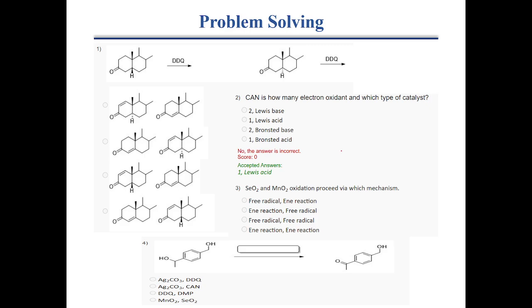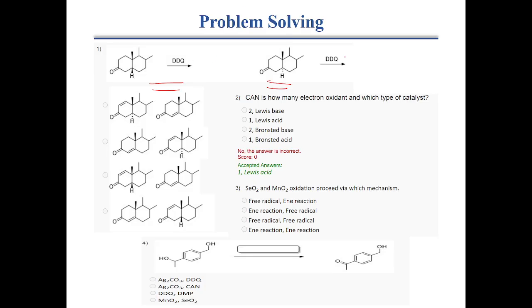Now let's solve some problems. The first question is the DDQ oxidation of these two cyclohexanones. What will happen here?